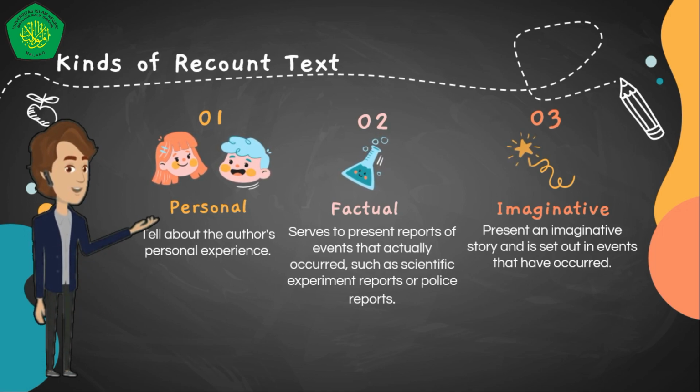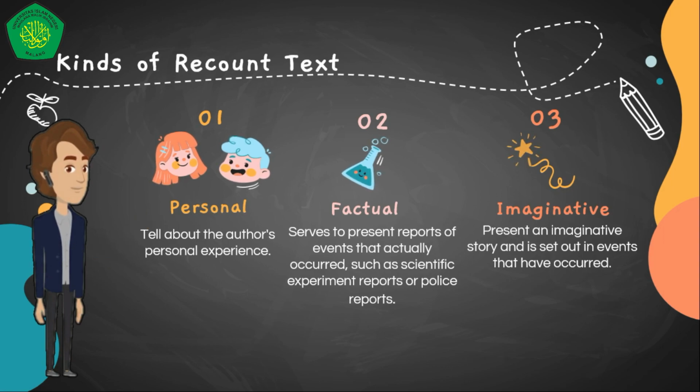This kind of recount text serves to present reports of events that actually occurred, such as scientific experiments or police reports. And then the third is imaginative. In imaginative recount text, the author presents an imaginative story and is set out in events that have occurred.